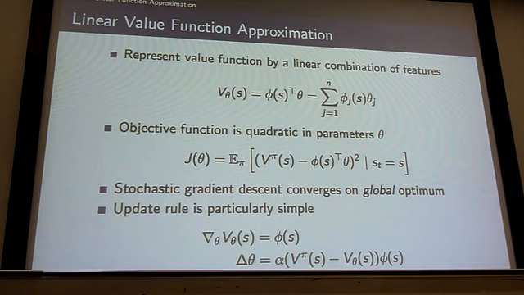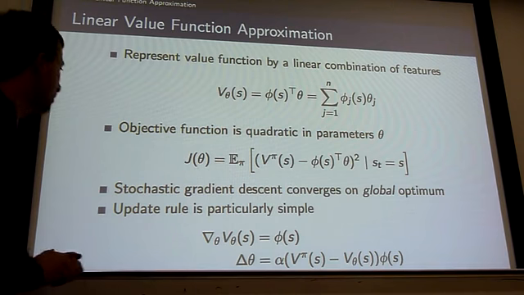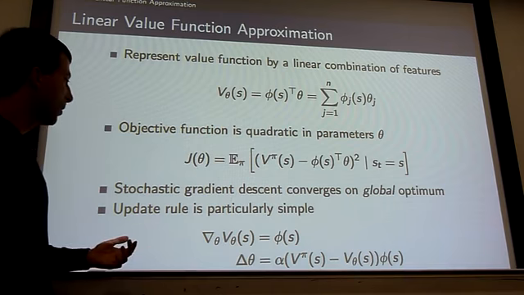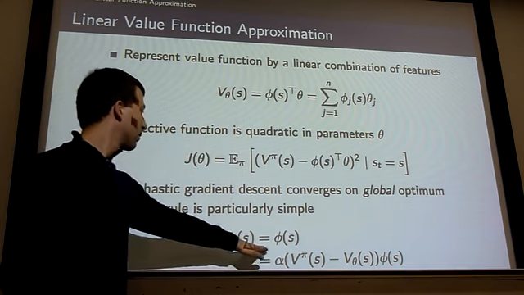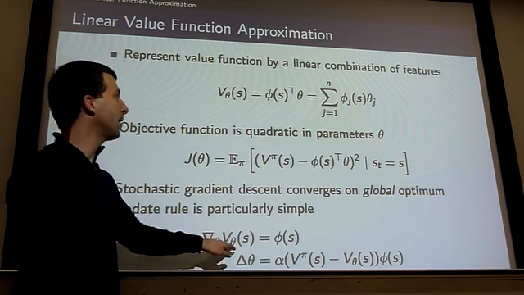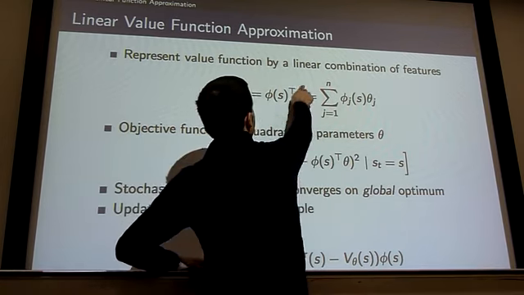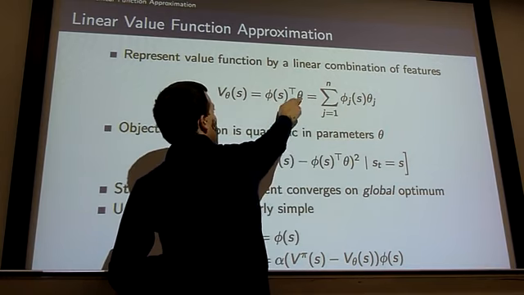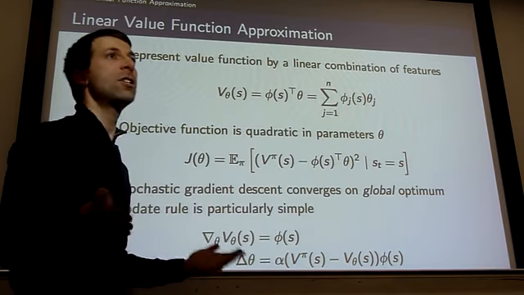And the update rule that we use for stochastic gradient descent is particularly simple in this case. The gradient of this function approximator, the gradient of this dot product with respect to the parameters theta, is just the feature vector.